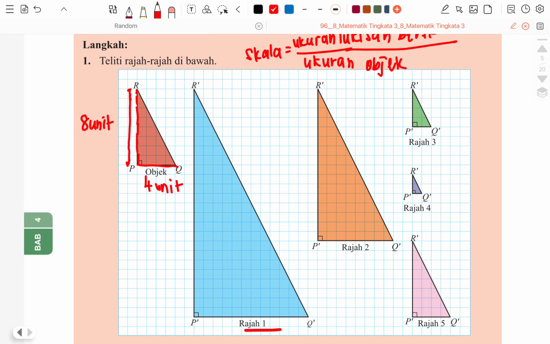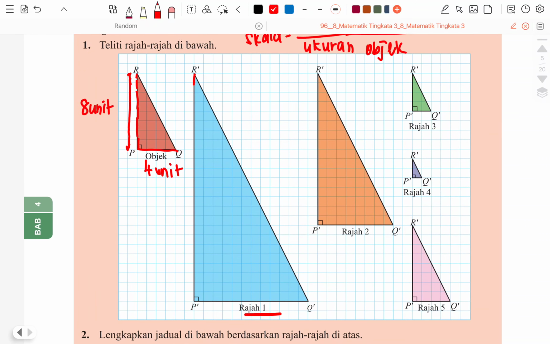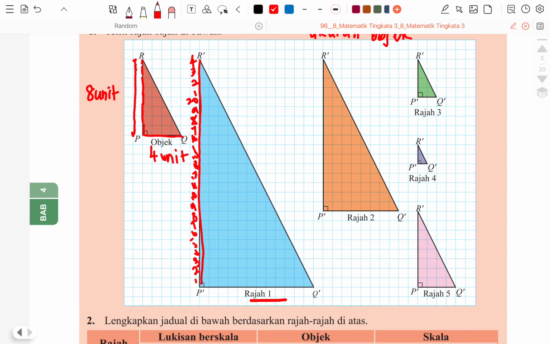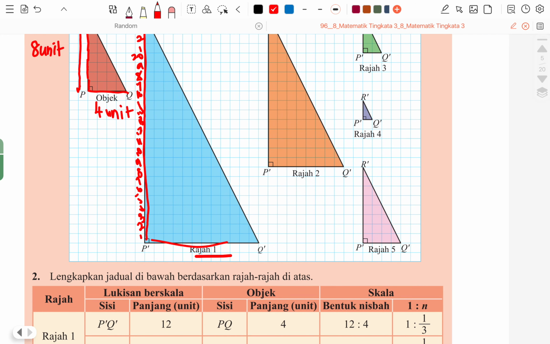Okay, so now you measure this part. 1, 2, 3, 4, 5, 6, 7, 8, 9, 10, 11, 12, 13, 14, 15, 16, 17, 18, 19, 20, 21, 22, 23, 24. So for skala, you just need one of the dimensions. For example, if you want to take width, you take width.